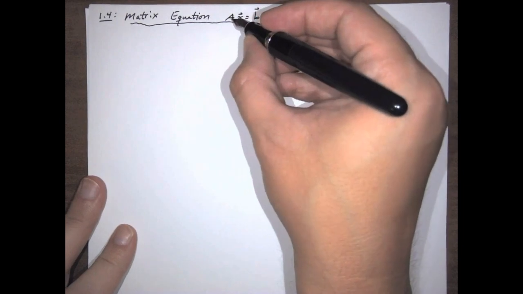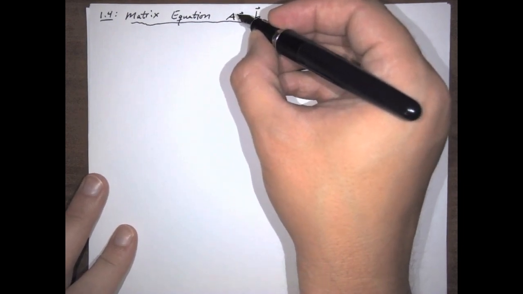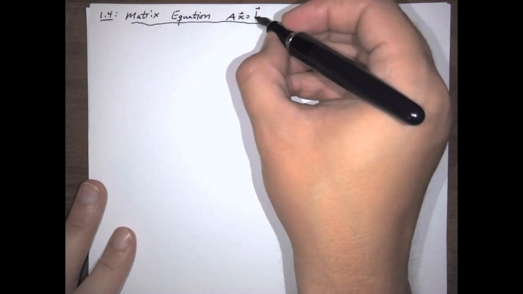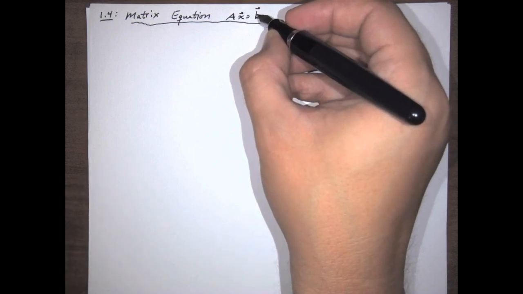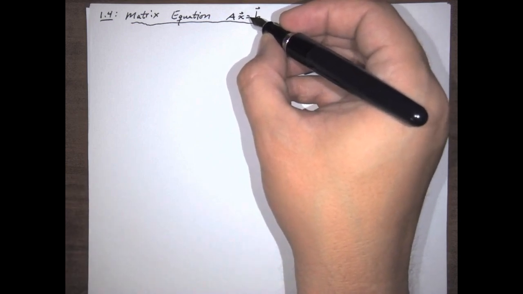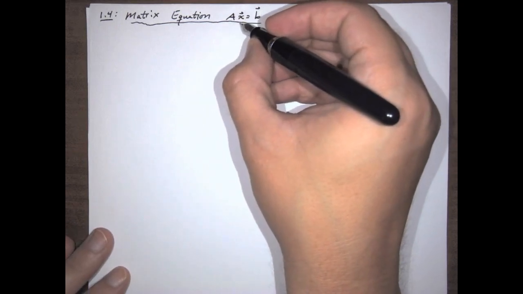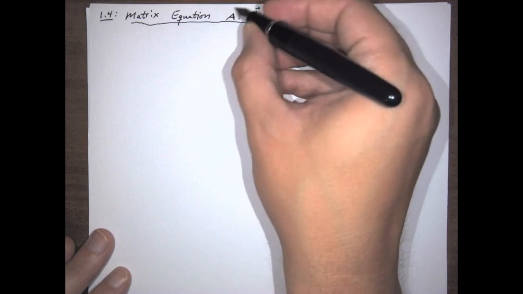It is the custom in this class and in most contexts to label matrices with capital letters, and then lowercase letters such as little a, little b, little x can stand for scalars or vectors, or the entries of matrices, but matrices are usually written with a capital letter with no extra mark.